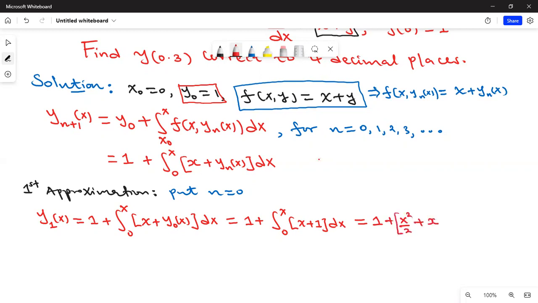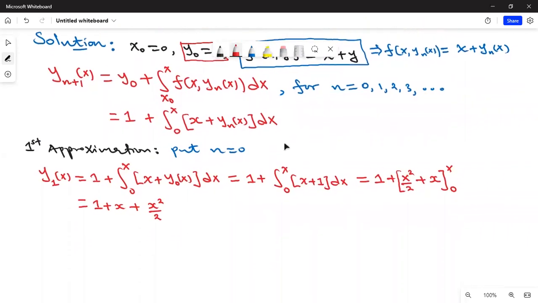Remember here, the limits of integration is from 0 to x. So when you work it out, you're going to get 1 plus x plus x squared over 2. You see, it is a function of x. So we need the value at x is equals to 0.3.